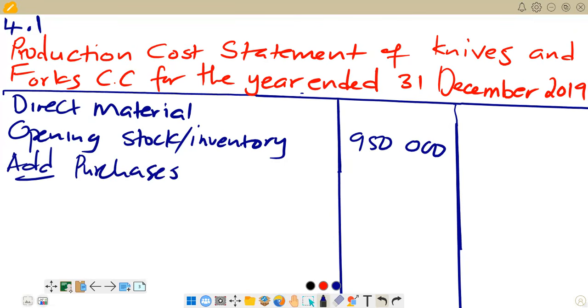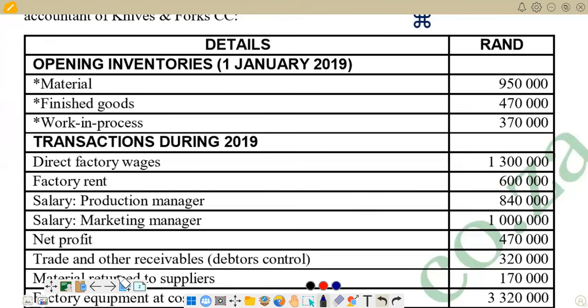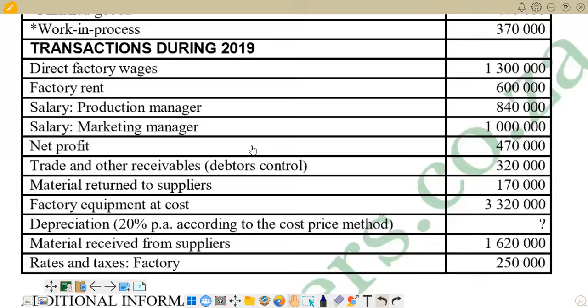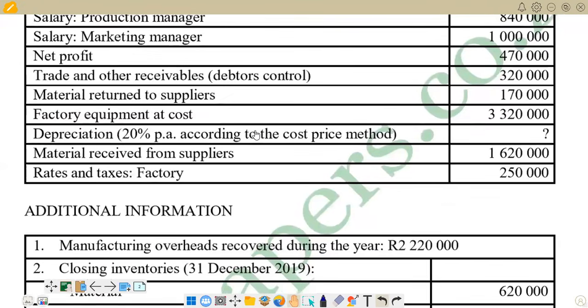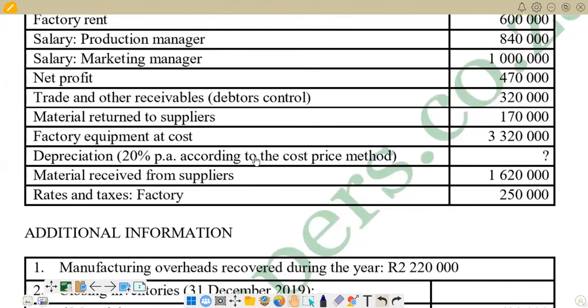So we go back to the question again to check where we can find that figure for purchases. Let's try to find out. Right, if you come here, we've got the material received from suppliers.